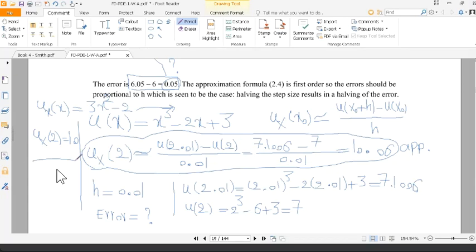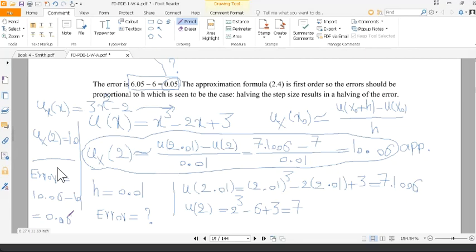For the error, we compute the difference between the approximate solution and the exact solution. The error is equal to 10.06 minus 10, and the result is 0.06. Okay? And this is the error. Do you understand this exercise?